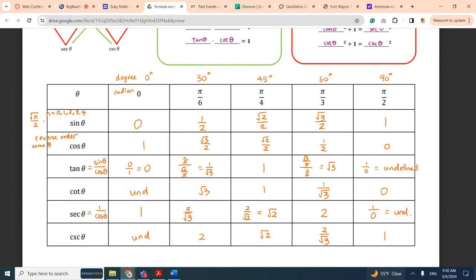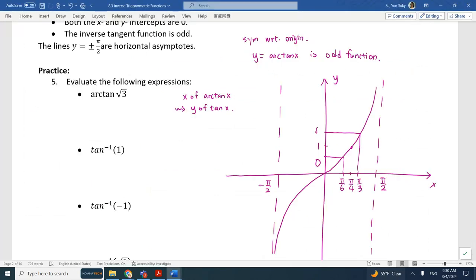And 1 over root 3 is smaller than 1. So therefore, the number bigger than 1 is root 3, and the number smaller than 1 is 1 over root 3. Yes, everybody? So we draw it. Now we can figure out the values.